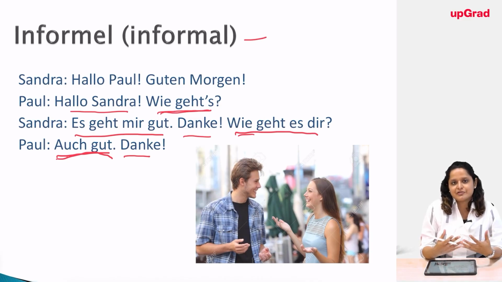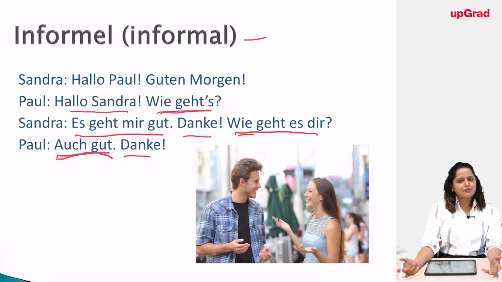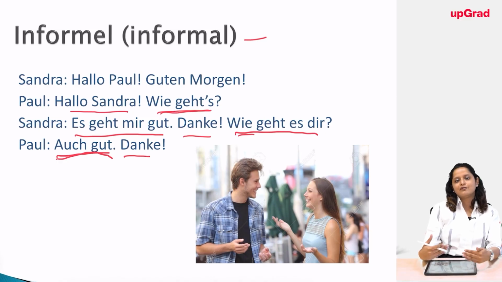So the natural responses sometimes are based on the situation you are in. Where you feel like, yeah, this response works, I can just say gut and be okay with it, we can definitely use that response. There is no need to use full sentences, especially in informal conversations where the flow of the conversation matters more.